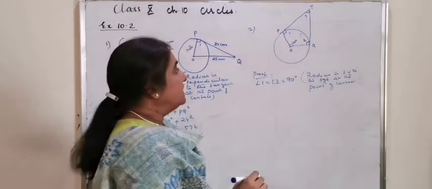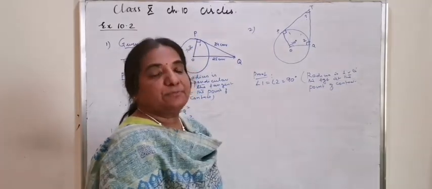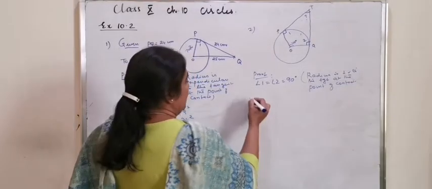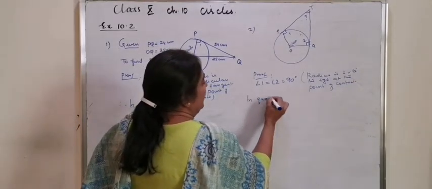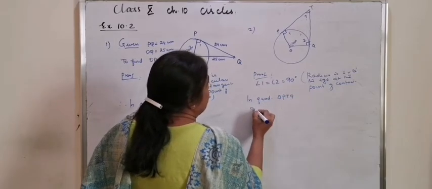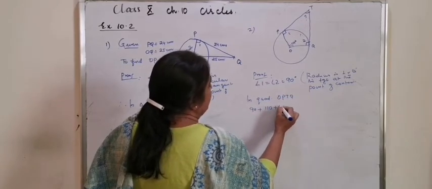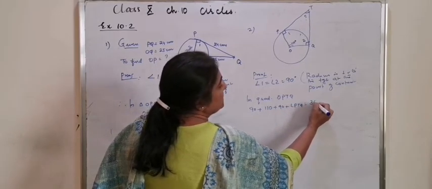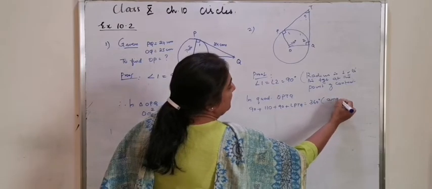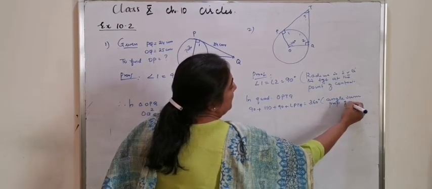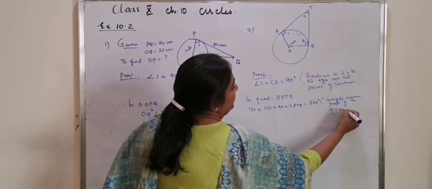The first method is you can apply the angle sum property in quadrilateral OPTQ. In quadrilateral OPTQ, 90 plus 110 plus 90 plus angle PTQ is equal to 360 degrees, by the angle sum property of a quadrilateral.